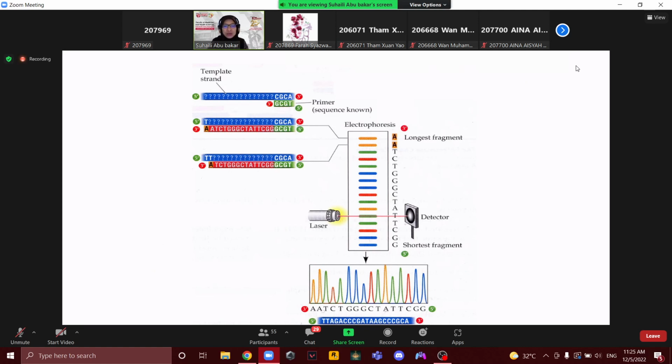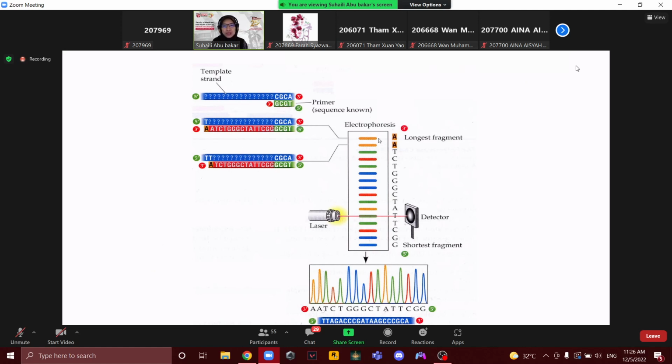So then you convert it to become 5 prime to 3 prime. In the reading, you do not read in the order 3 prime to 5 prime. In the gel also, longest to shortest is 3 prime to 5 prime, but we have to read from the 5 prime to 3 prime.